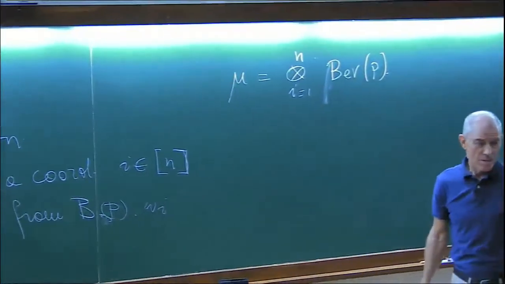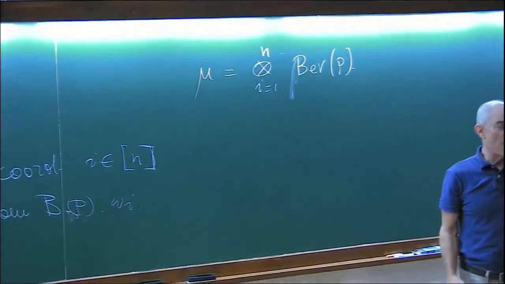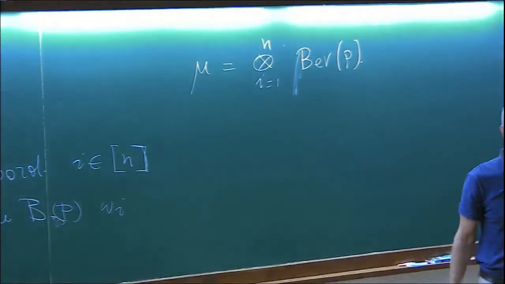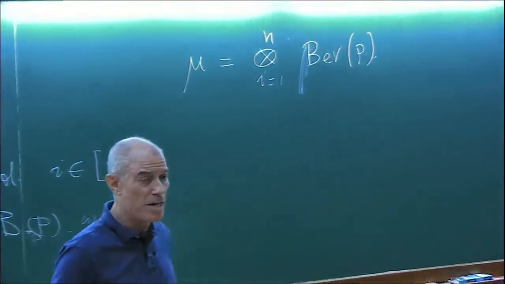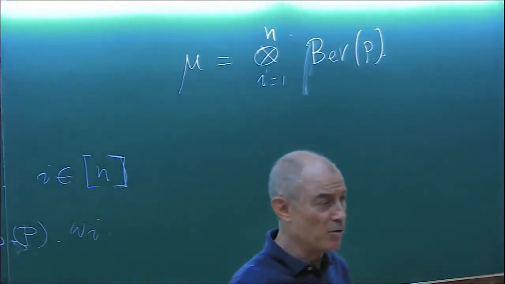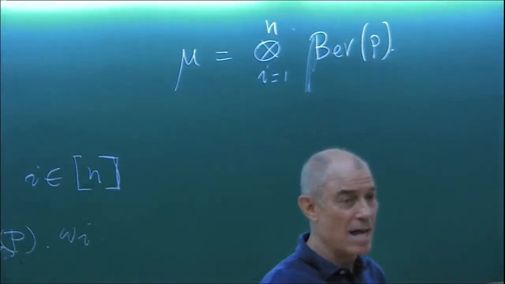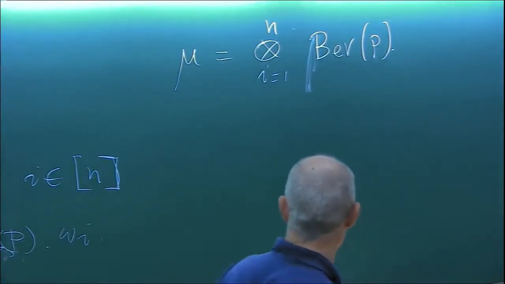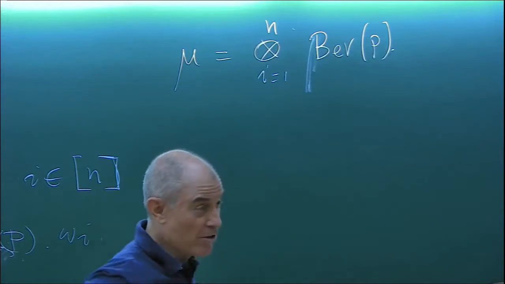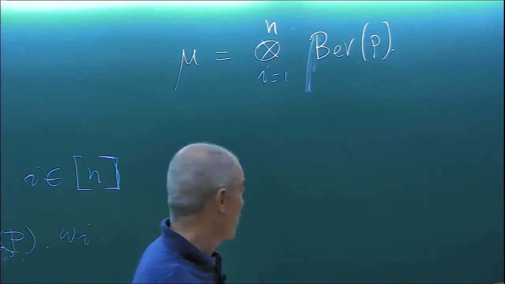And we can talk about mixing time and relaxation time. Mixing time is, loosely speaking, how many steps you have to run the chain in such a way that, starting from the worst configuration, you are close to the stationary reversible measure in total variation.